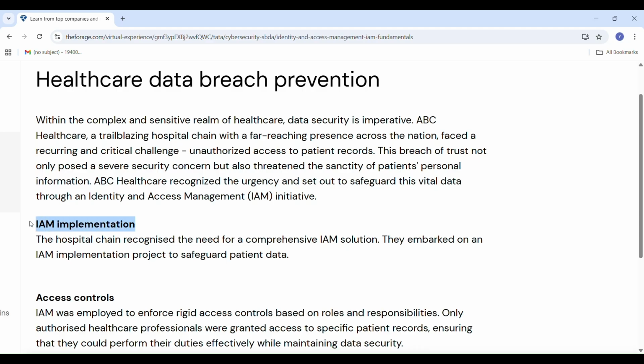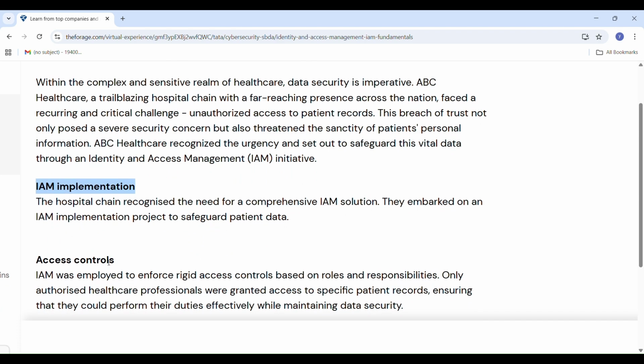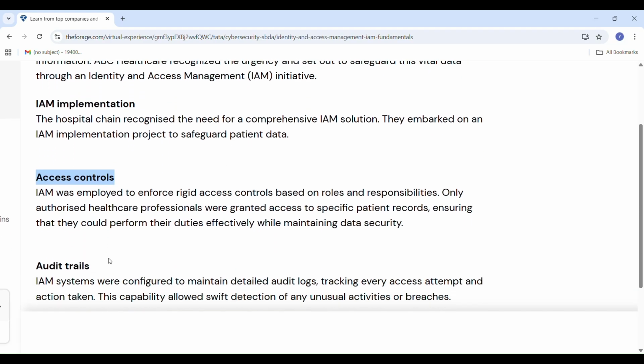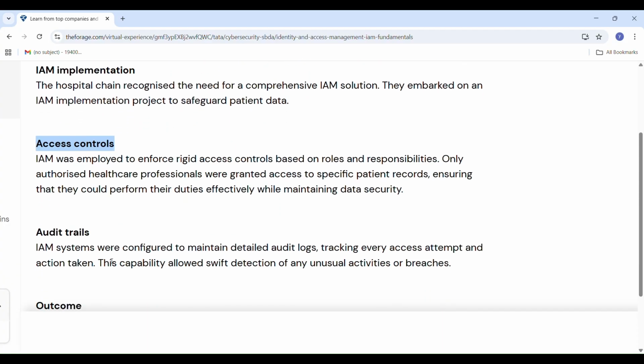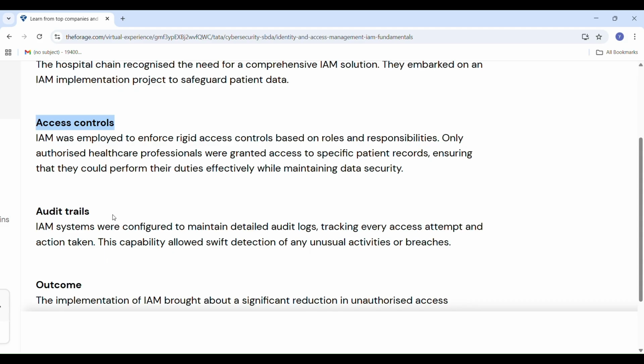First, they set strong access controls. Only the right doctors, nurses, and staff could see specific patient records, and each person got access based on their roles and responsibilities. Next, they added audit trails. The IAM system recorded every login, every access attempt, and every action.